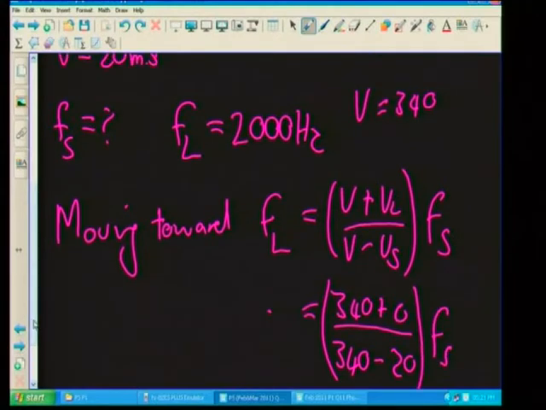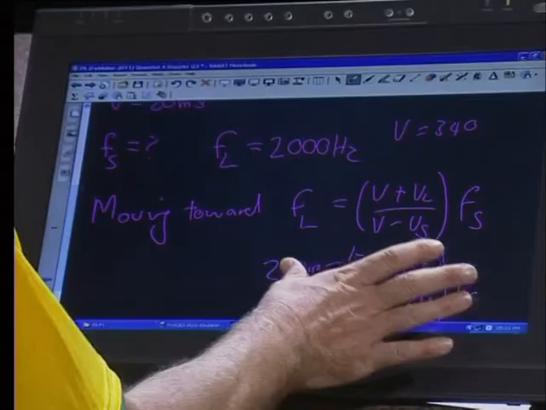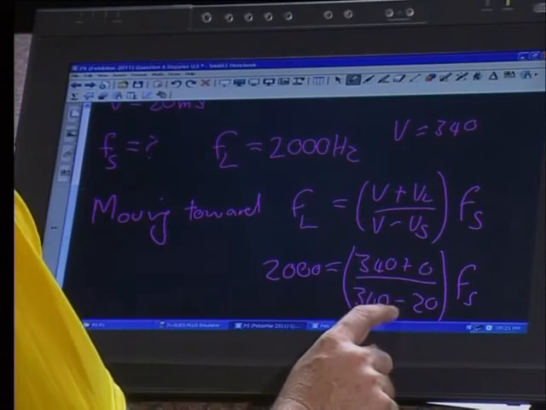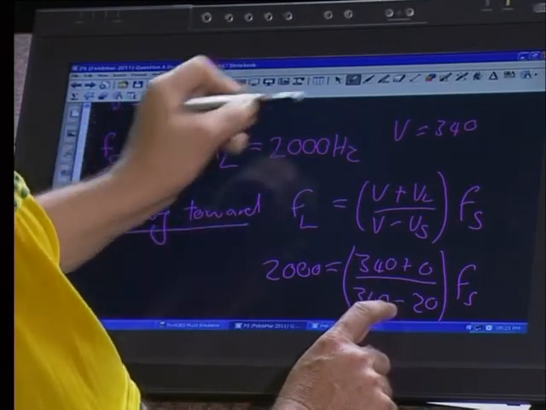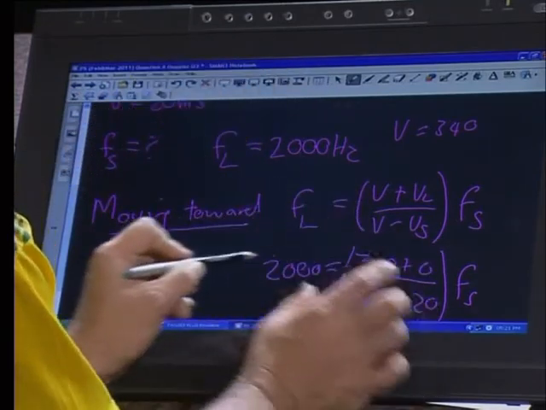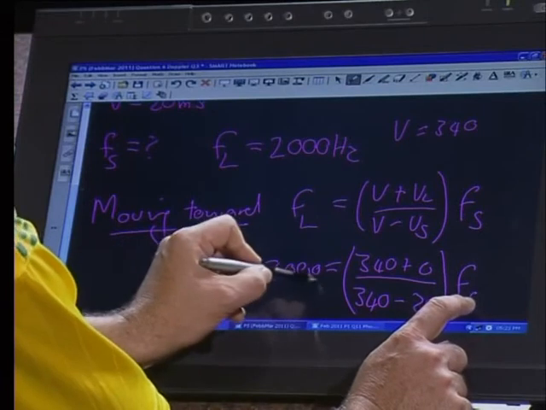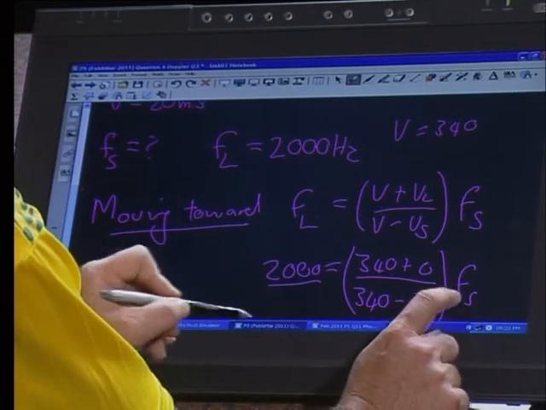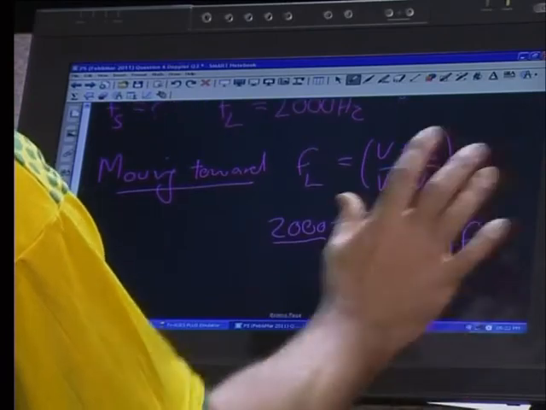The frequency of the listener was 2000. That gives you one equation. And the reason that it was minus here is because we know it's moving towards. So this means 2000 is going to be greater than the frequency of the source. Now, as I said, I haven't worked this through, so I don't know whether it's a workable solution.